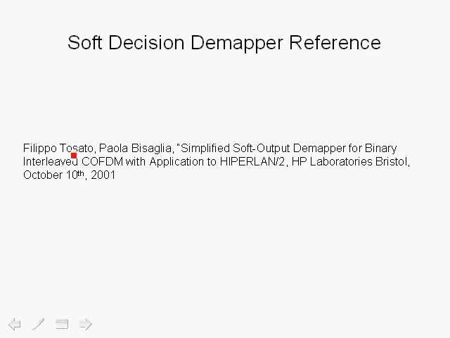This is a great paper, done at HP Laboratories: simplified soft output demapper for binary interleaved COFDM with application to Hiperlan 2. I'll refer you to this paper for the details of using a soft demapper with 16 and 64 QAM. They also go through a number of simplifications which reduce the hardware considerably, but at almost no cost in terms of performance.